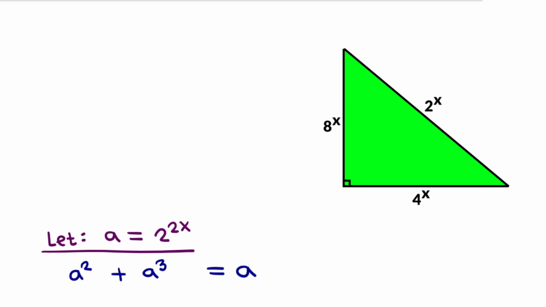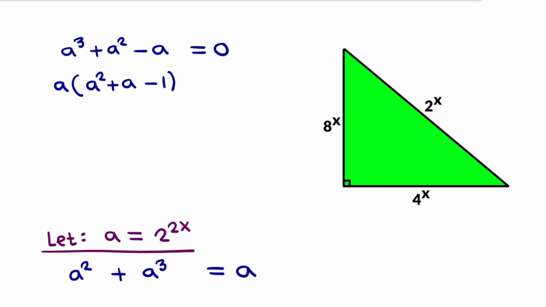Moving everything to one side gives a cubed plus a squared minus a equals 0. Every term contains a factor of a, so let's factor it out. We get a times the quantity a squared plus a minus 1 equals 0.